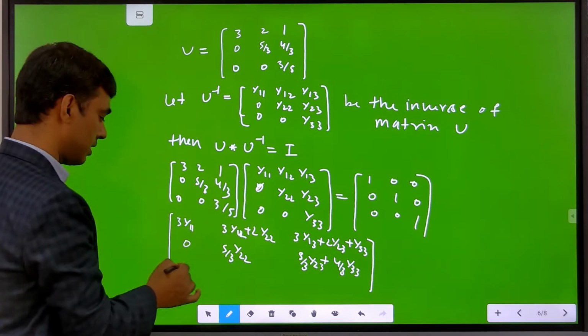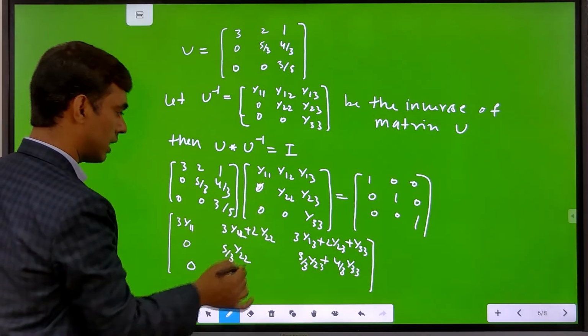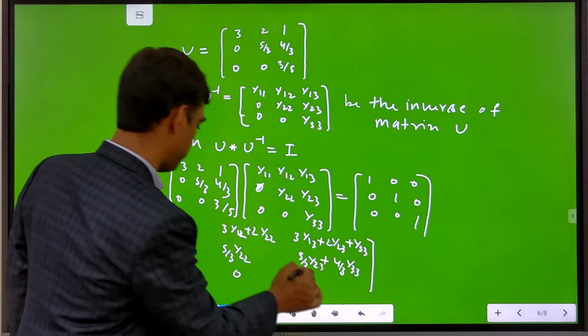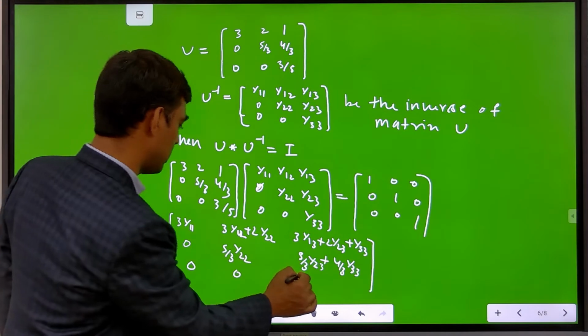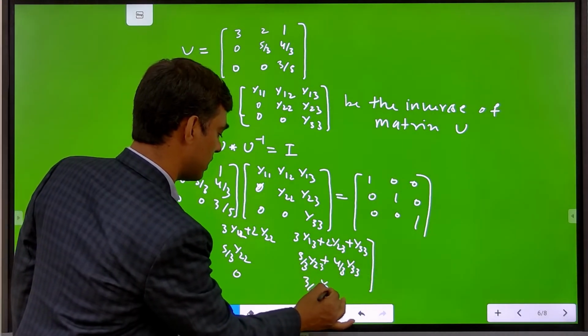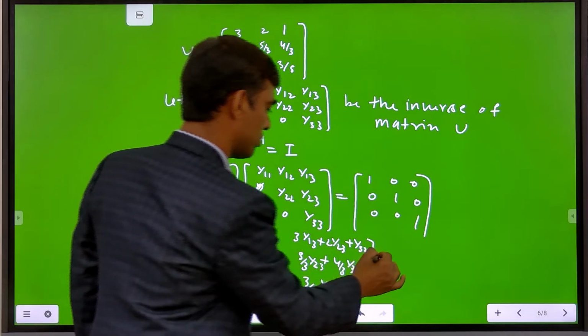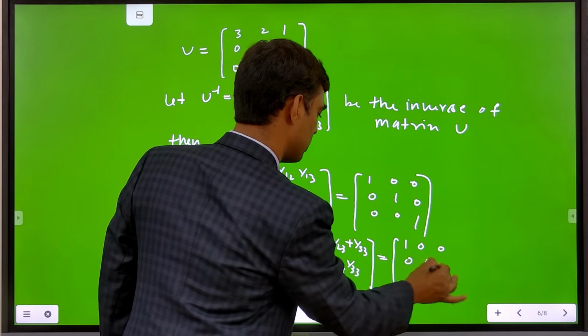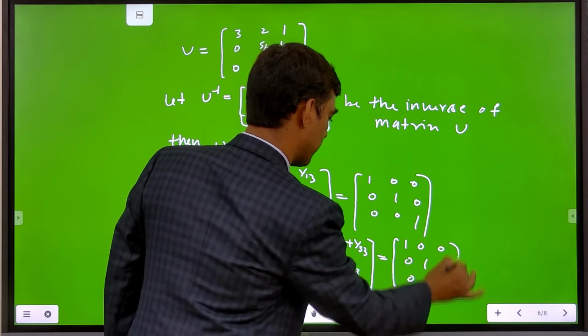Third row first column 0, third row second column 0, third row third column becomes 3/5 y33. This equals 1 0 0, 0 1 0, 0 0 1.